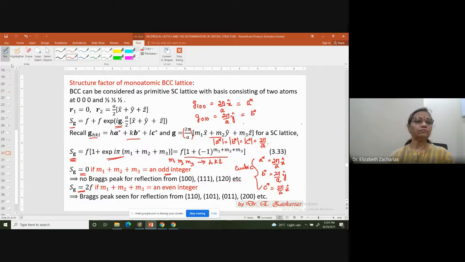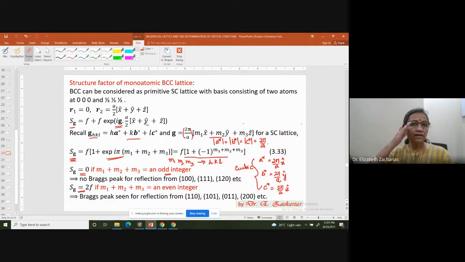Okay, so in general, by this logic, you will get your G HKL as H A star plus K B star plus L C star, where HKL are the indexing. They are the directions of the plane. Okay.